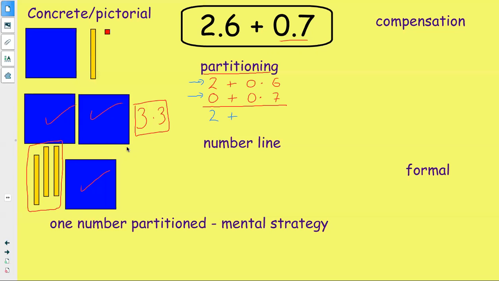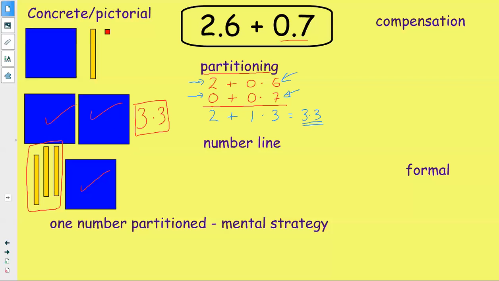And then I'm going to add the 0.6 and the 0.7 together. So 6 add 7 would be 13, so it would be 13 tenths if you like, but 10 of those tenths would represent a whole, so this would equal 1.3, and then if you were to add 2 and 1.3 together, you get 3.3. Again, same answer as before.